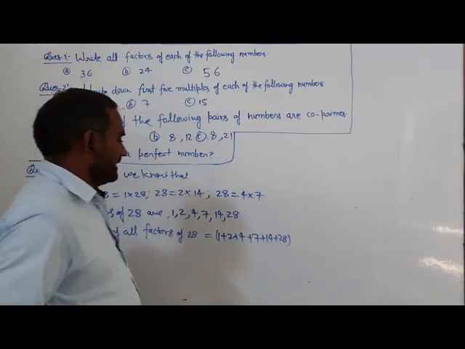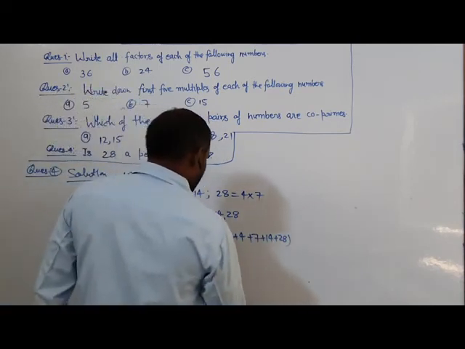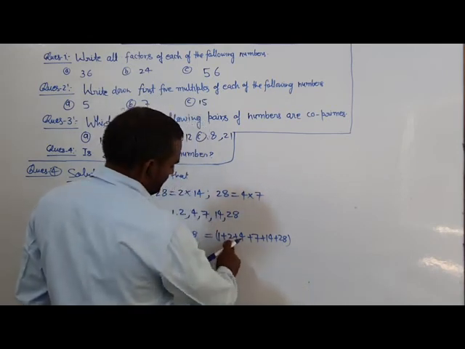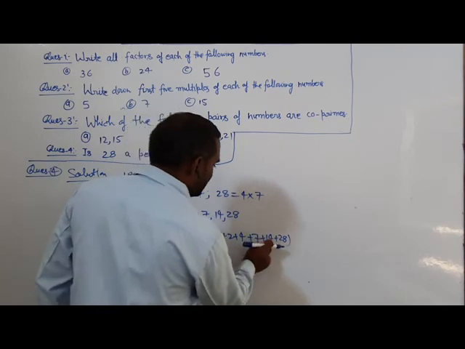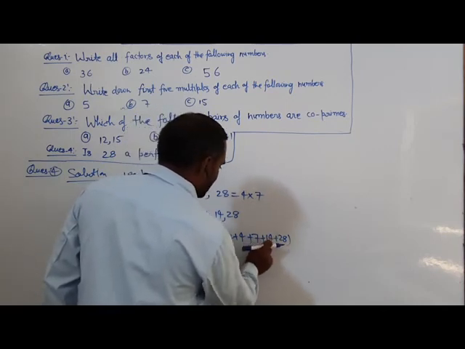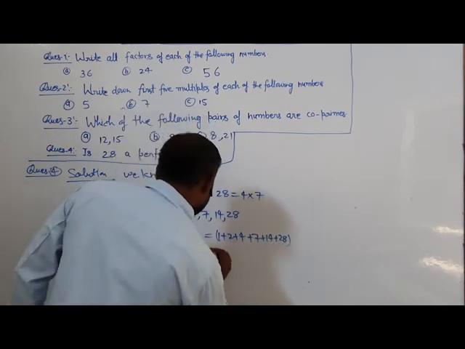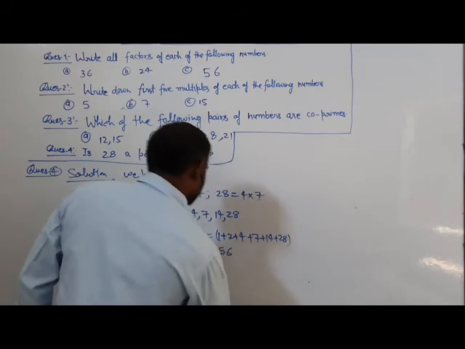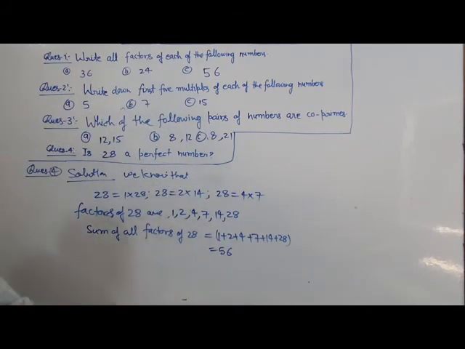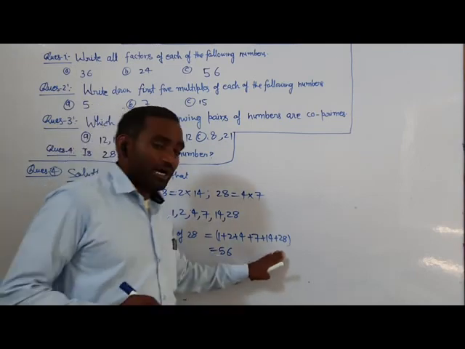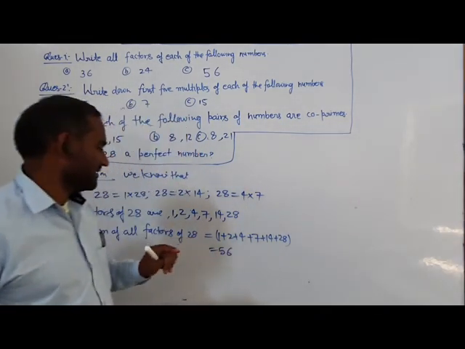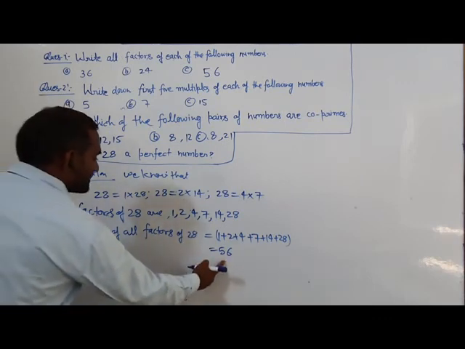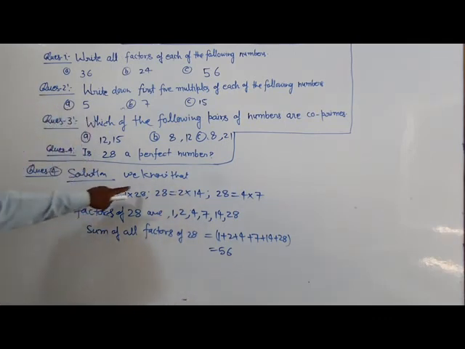So let's add: 1 and 2, 3; 3 and 4, 7; 7 and 7, 14; 14 and 14, 28; 28 and 28, 56. So sum of all the factors of 28 is 56.